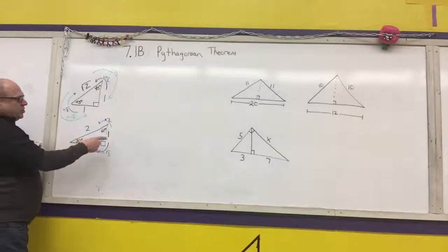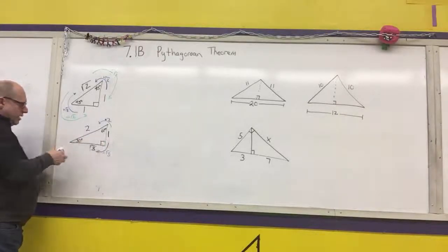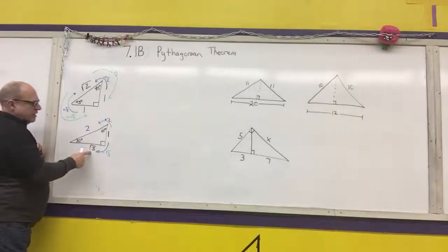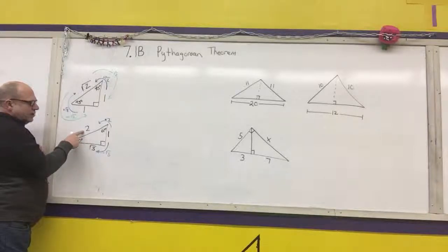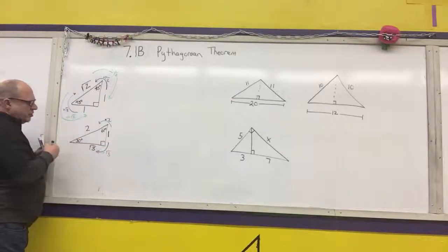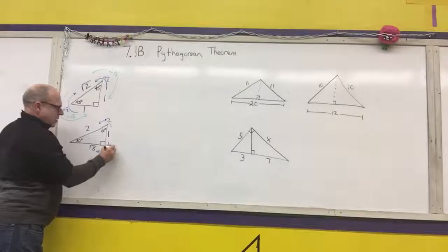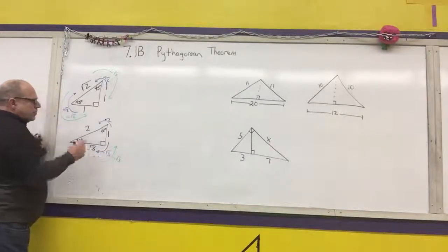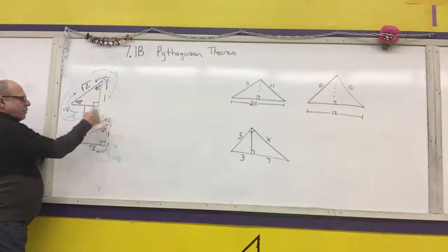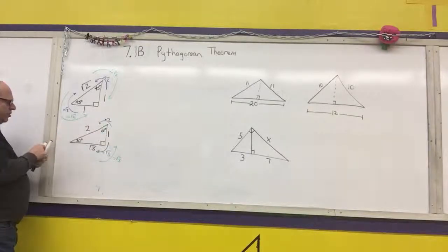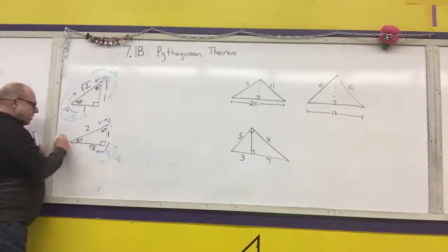Okay, my recommendation is you always work with the short side. So if I want to go from the long side to the hypotenuse, I'm going to go back through the short side by dividing by the square root of 3, and then multiplying by 2. So if I wanted to do it all in one step, it would be times 2 over the square root of 3.